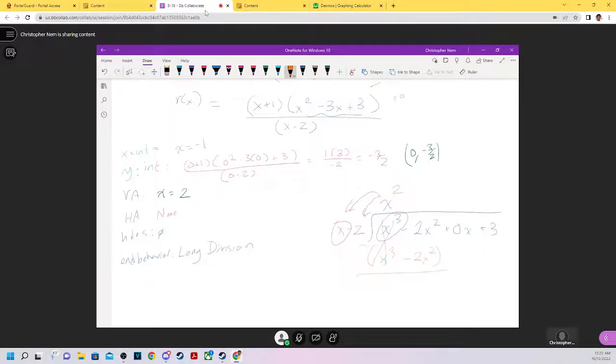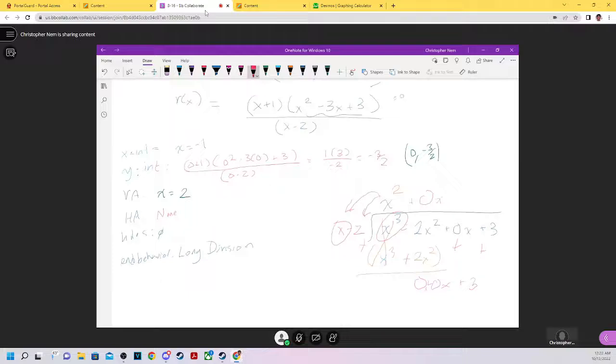These cancel out, and this will also cancel out so nicely. -2x minus -2x, that's just plus 2x, which cancels out to 0. I drop down the 0x. Now I have 0x squared plus 0x, that's going to be 0, so there's not going to be a term here. I drop down the 3.